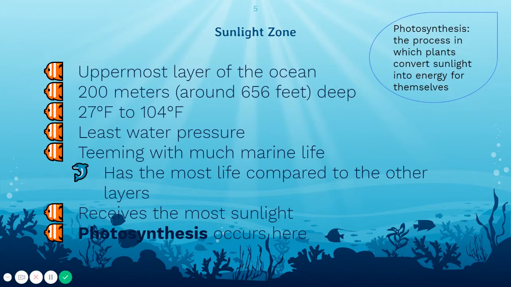Photosynthesis is a process in which plants convert sunlight into energy and food for themselves. And the sunlight zone is the only zone that has plant life in it because it receives the most sunlight and is able to sustain plant life. The other zones do not receive enough sunlight for plants to survive in.